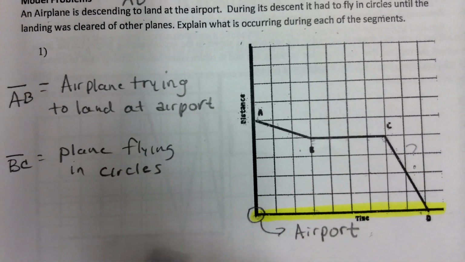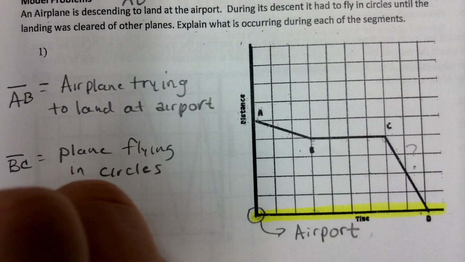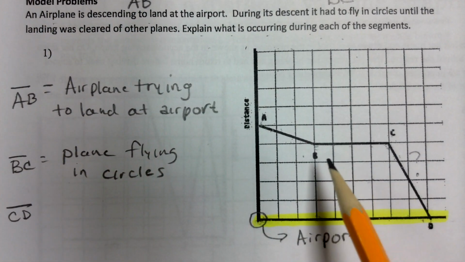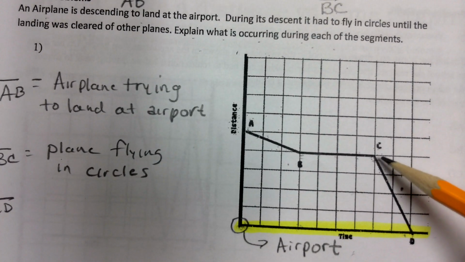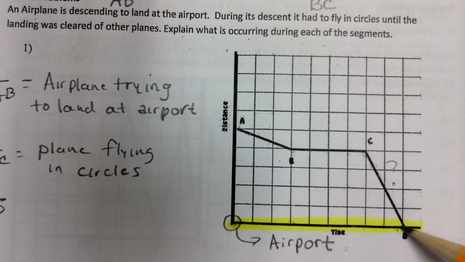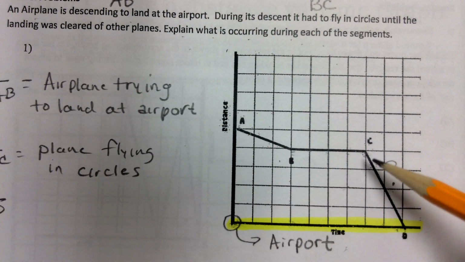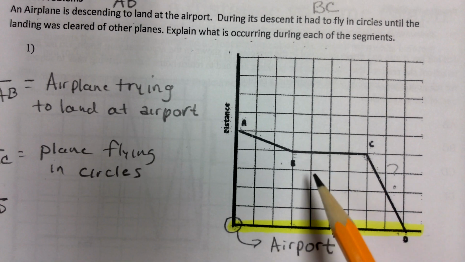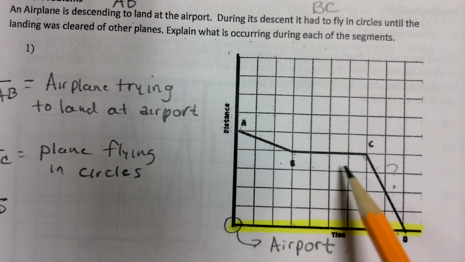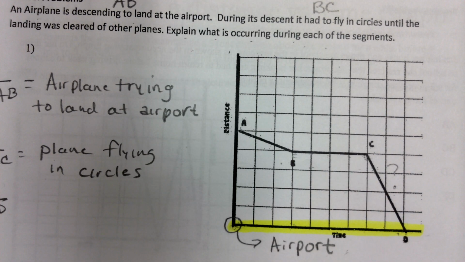Well, it doesn't tell us what's happening from C to D, but I want you to imagine what's happening here. So for a while, yeah, they're waiting for clearance to land, and then all of a sudden, it speeds up and goes down to the airport. Well, obviously that means it's landing, yeah? And you're probably like, well, why are they doing it so quickly? Well, two things. First of all, if you've been circling the airport for, let's say, 4 units of time, it's probably a long time, those planes are going to land quickly because they've got a lot of angry passengers in the air.